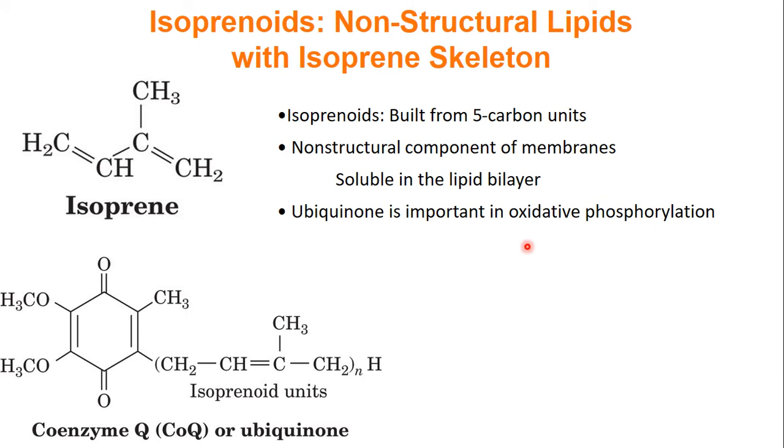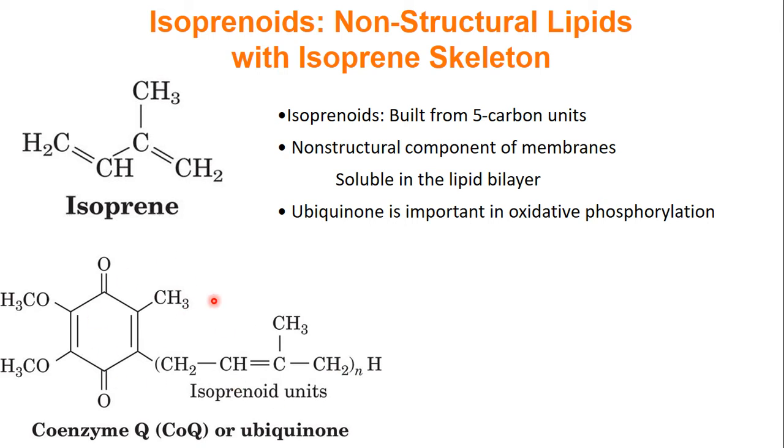Now let's talk about isoprenoids, and these lipids are not structural, and they're called isoprenoids because they're built from this 5-carbon precursor called isoprene. Now, even though they're not part of the structural membrane, they are soluble in the lipid bilayer because you can see they're very hydrophobic, so they can go in there.